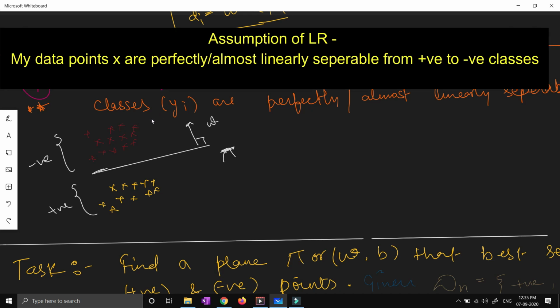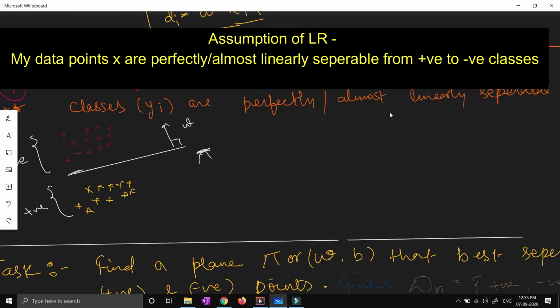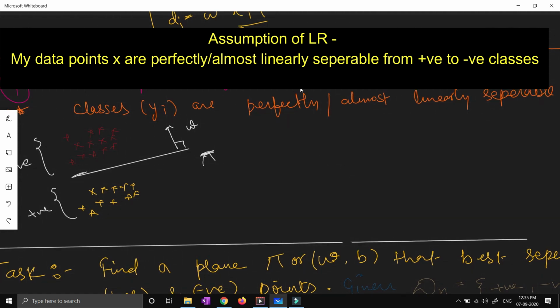The assumption is that the classes, which are our yi, are perfectly or almost linearly separable. Always remember, logistic regression assumes that our data points are clearly or almost or perfectly linearly separable.